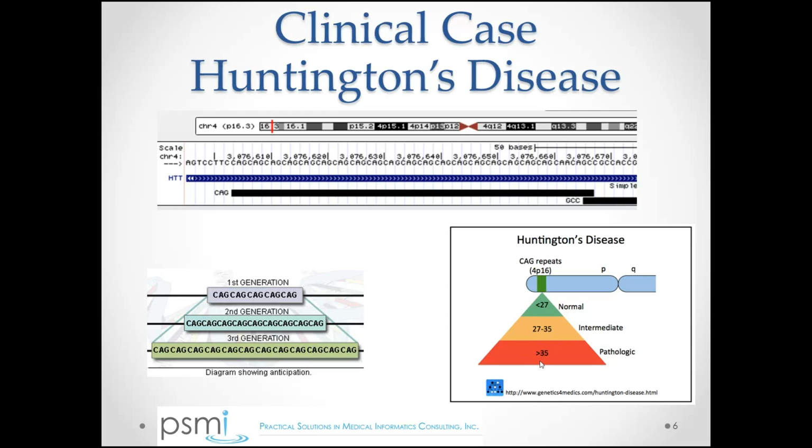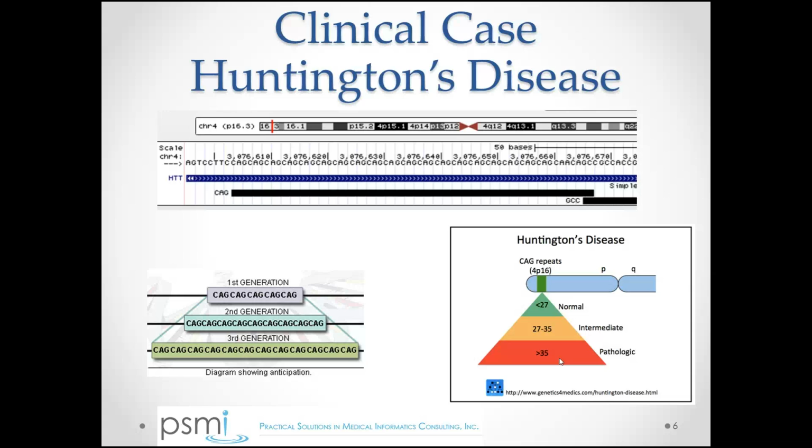Once the number of repeats hits above 35, these patients can manifest or will manifest Huntington's disease. As the number of repeats continues to climb, that correlates with an earlier age of onset.